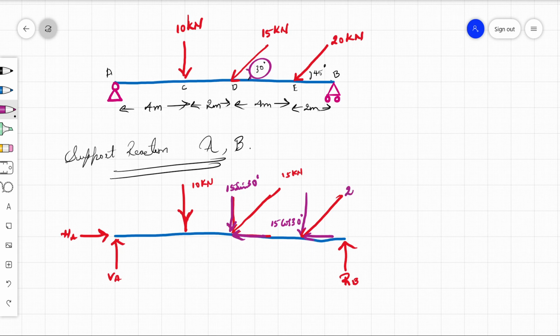If the load given over here is 20 kilonewton, this becomes 20 cos 45 degree and 20 sin 45 degree. That small concept which we studied in our previous classes comes here. And the distances are 4 meter, 2 meter, 4 meter, 2 meter.